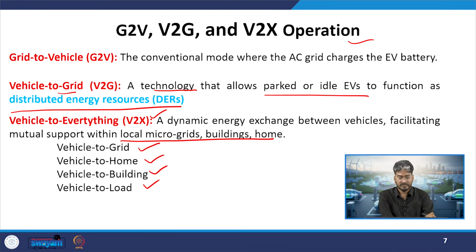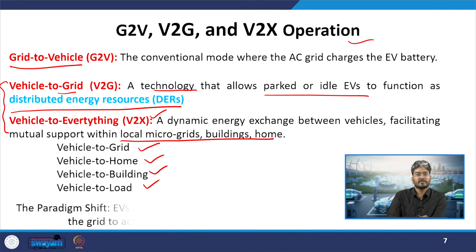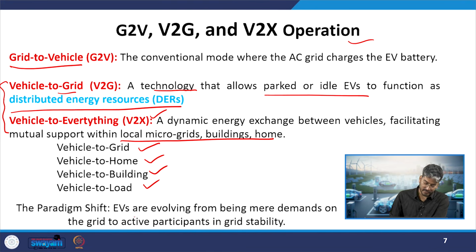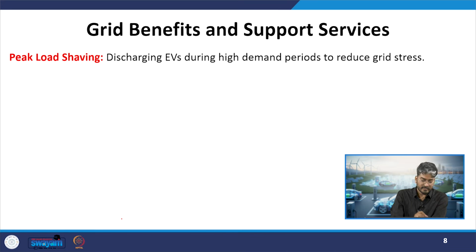So, vehicle can be used as the source and it can drive any type of local loads which are there with us. Now, these are the three popular terms: grid to vehicle, the conventional one where we are just charging the vehicle, and these two are the modes in which we are discharging the vehicle and feeding the load. Why will this be beneficial to us? This will be beneficial when the grid is having peak loading.